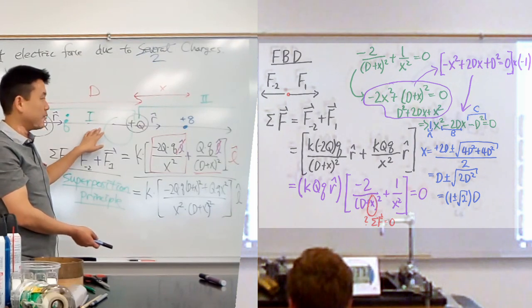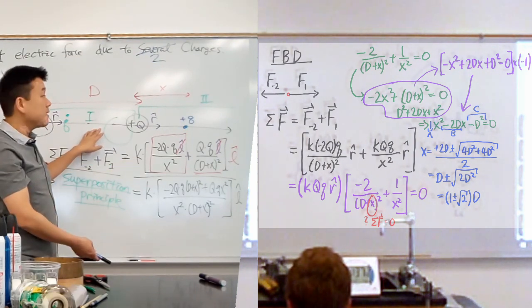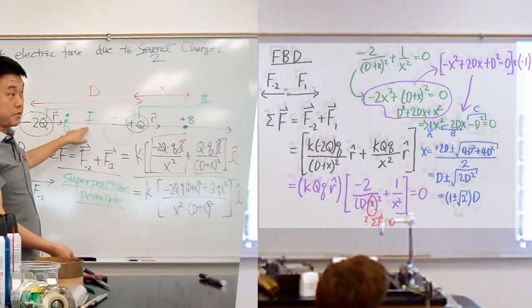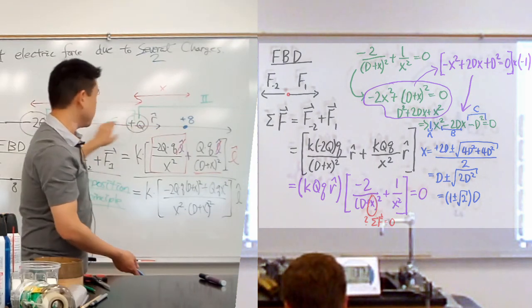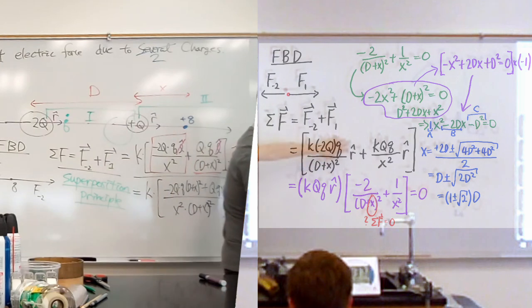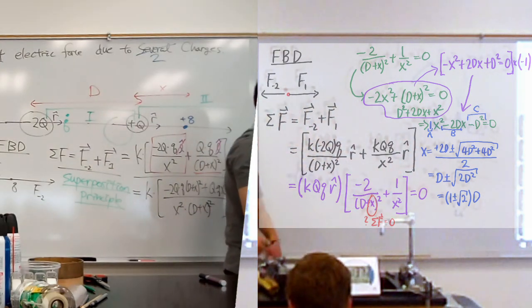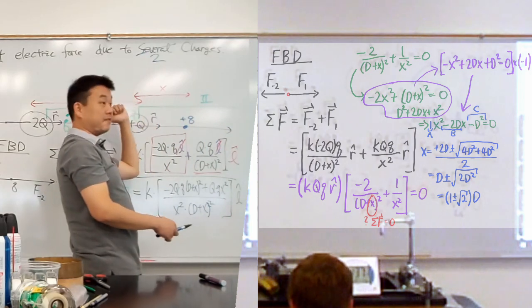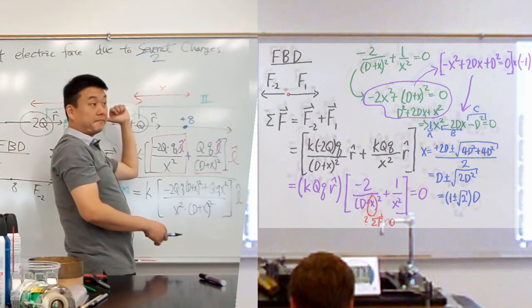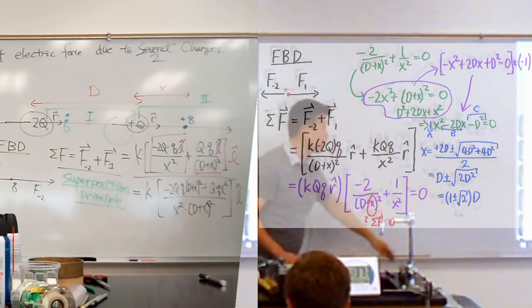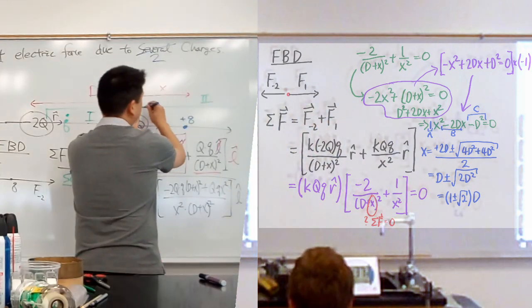So what does that negative answer mean? I'll just answer my own question. That negative answer means that when this charge is here, you actually have to change some of your equations. Because when this charge is here, all of this is fine, but this will actually need to change, because the unit vector now points to the left, not to the right. So this expression that we are deriving here is only valid in this region.